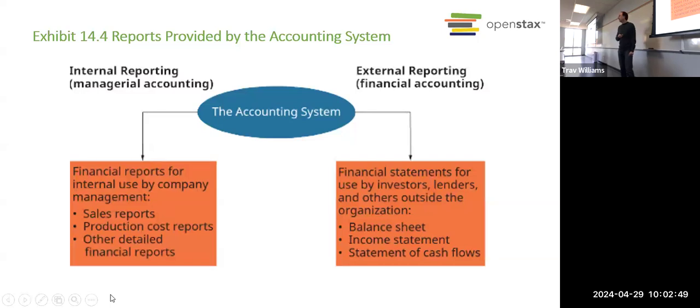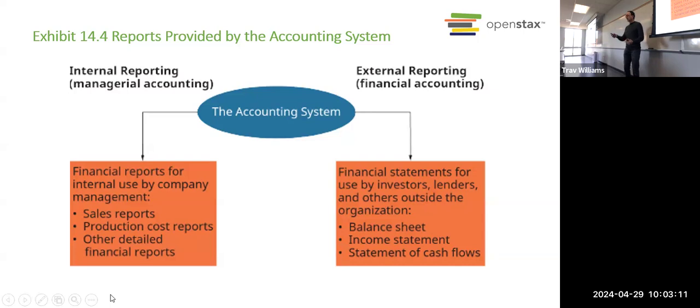Now, in managerial accounting, again, you're making reports for managers. They work inside the company. And you don't have to follow a specific set of rules for that. Because that information is not being shared outside the company. It's only for internal use. So you can basically just give the managers whatever information they need.